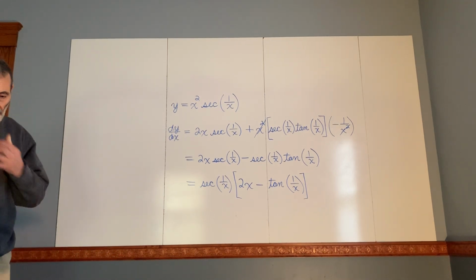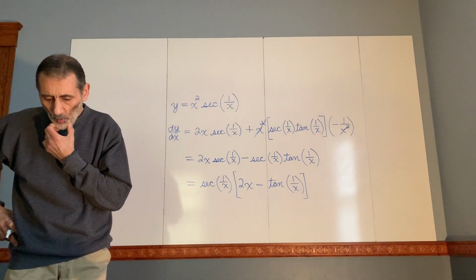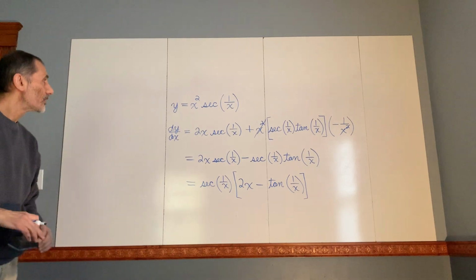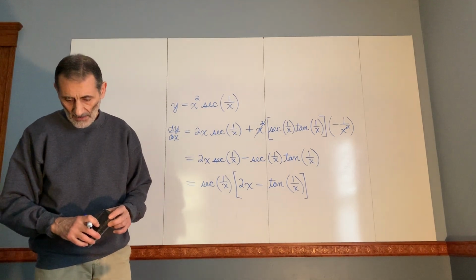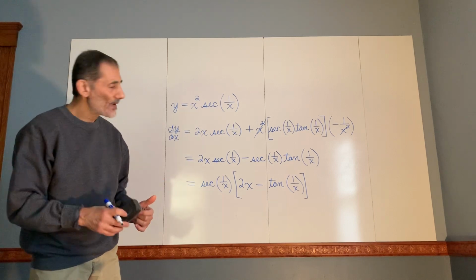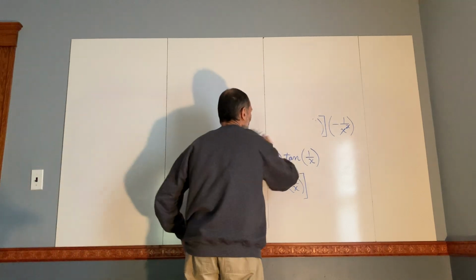Okay, and let's try one now with the quotient rule. And here we will have the quotient rule embedded inside the chain rule. The quotient rule on the inside.